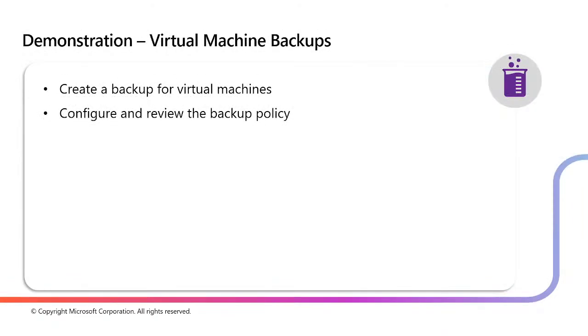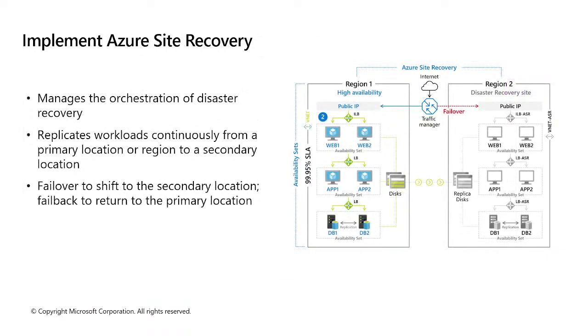So how do we now implement Site Recovery? I'm sure we understand how this works. The major thing is availability here. Azure has promised a 99.95 SLA when you leverage Azure Site Recovery.